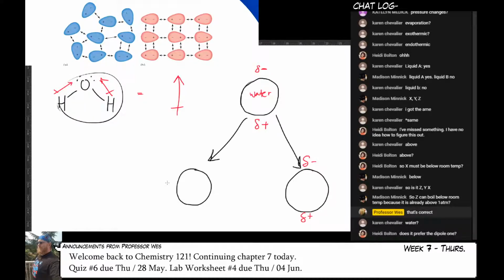Which would water prefer? It does prefer the dipole one, but why?